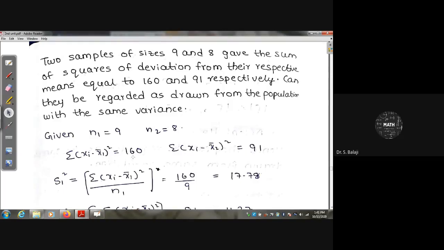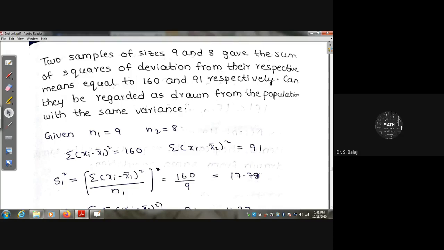X1 bar, similarly X2 bar, their respective means, and the values are given as 160 and 91 respectively. Can they be regarded as drawn from the population with the same variance?